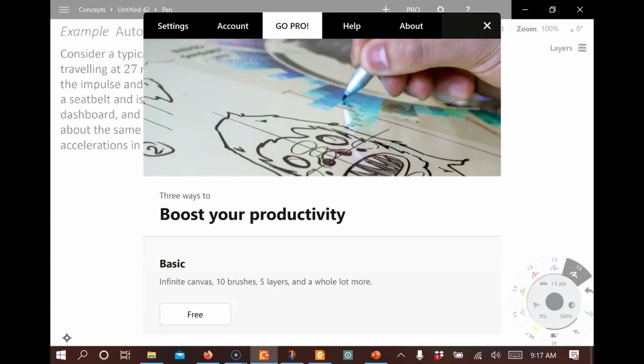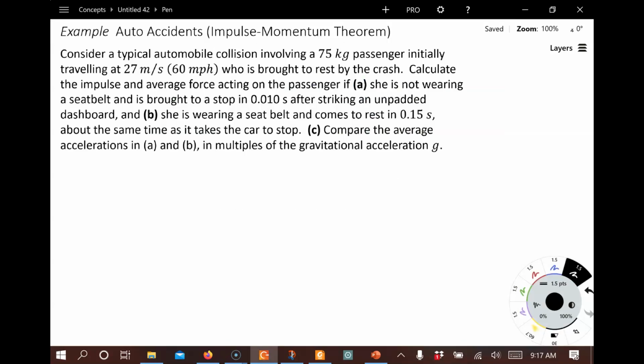So the impulse momentum theorem, we can write it succinctly as J, the impulse, is equal to the change in momentum, right? But we also know that the impulse can be written as the average net force multiplied by the time during which that force acts.